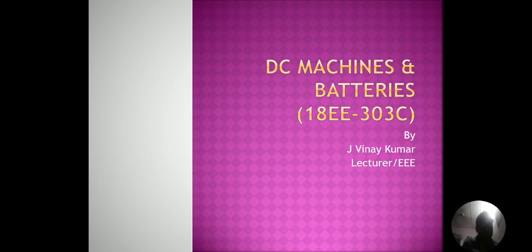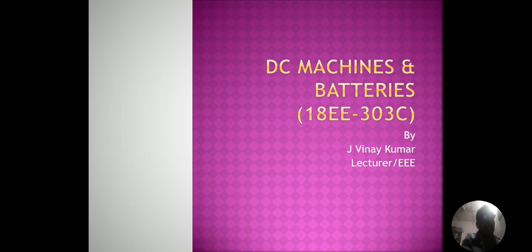The first one is regarding the fundamentals of DC generators. Number 2 is regarding armature reaction and characteristics of DC generators. The third unit is on motors, fundamentals of DC motors.